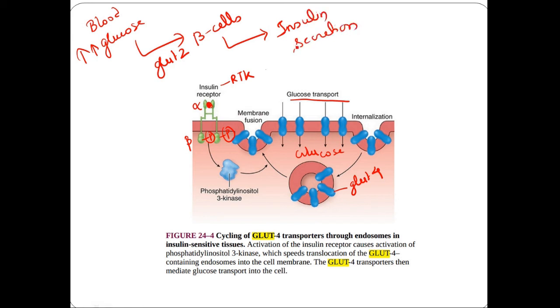This insulin will then come and bind to the insulin receptor which is present in the membranes of adipose tissue or skeletal muscle or cardiac muscle, and this will cause GLUT4 to be transported to the membrane, and this GLUT4 will then transport glucose from the blood inside the cells and decrease the blood glucose level.